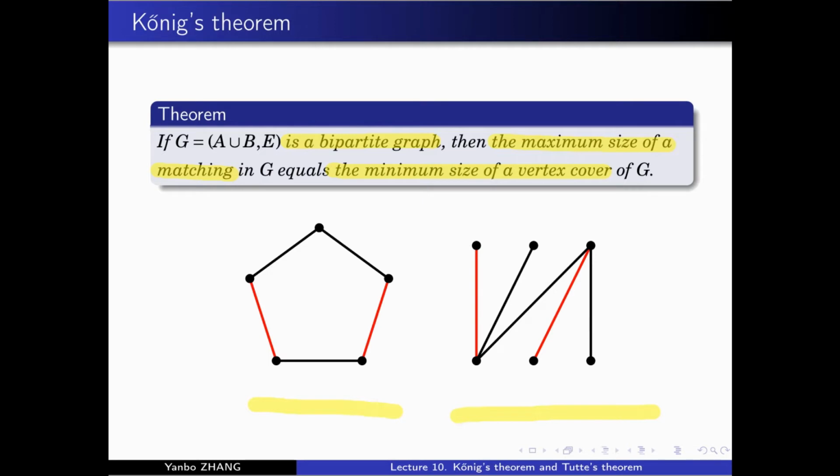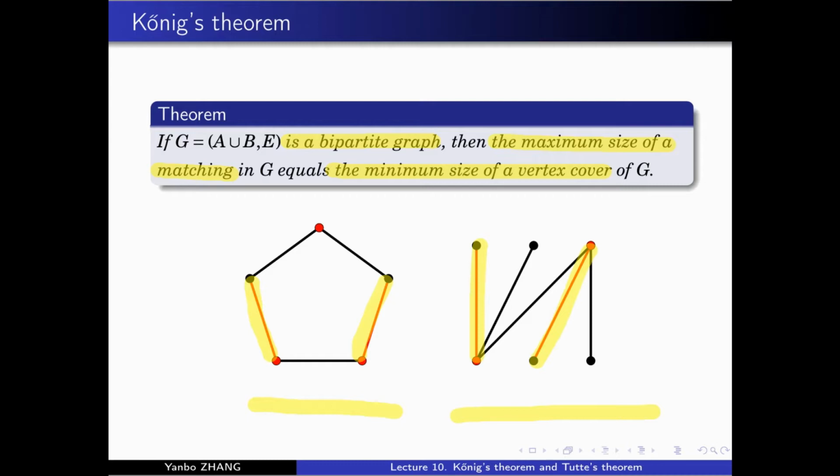We can find a matching with 2 edges in C5, and this is a largest matching. In the right graph, we can also find a largest matching with 2 edges. It's easy to see that there is no perfect matching. There is no matching with 3 edges.